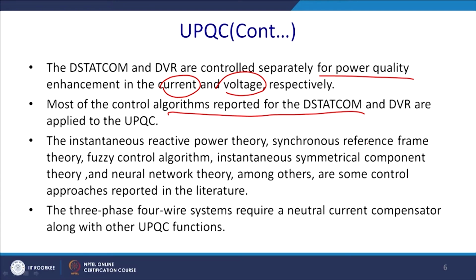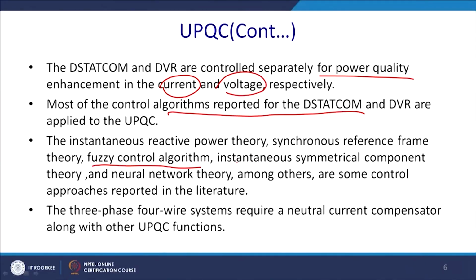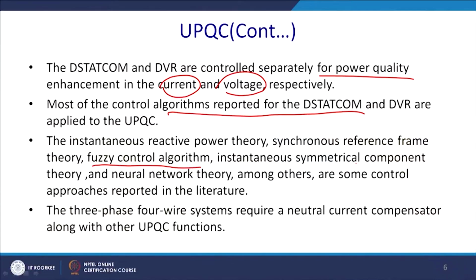And thereafter there are many different kinds of soft computing based reference generation techniques like the instantaneous algorithm, fuzzy logic control algorithm, instantaneous symmetrical component theory, which Akagi and Nabae both proposed, the neural network theory, and there is a wavelet based theory. There are so many, and there is also time domain as well as frequency domain. These are all discussed, please refer to our discussion in DVR. These are some control approaches reported in the literature.